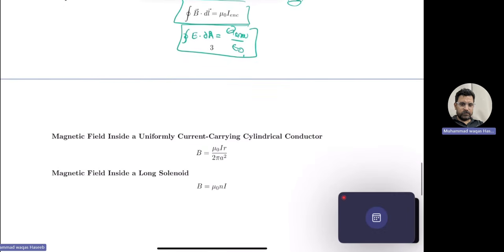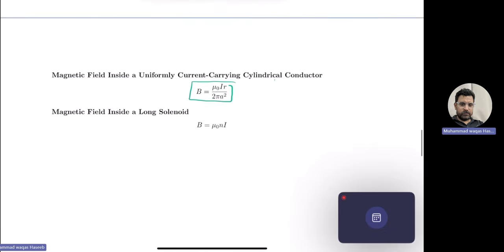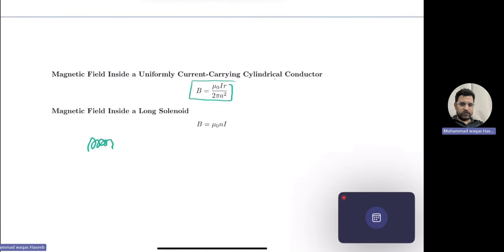The magnetic field inside a uniformly current carrying cylinder can be calculated by this. And if you have a solenoid, which is like this, the magnetic field inside the solenoid is strong and very weak or nearly zero outside the solenoid.